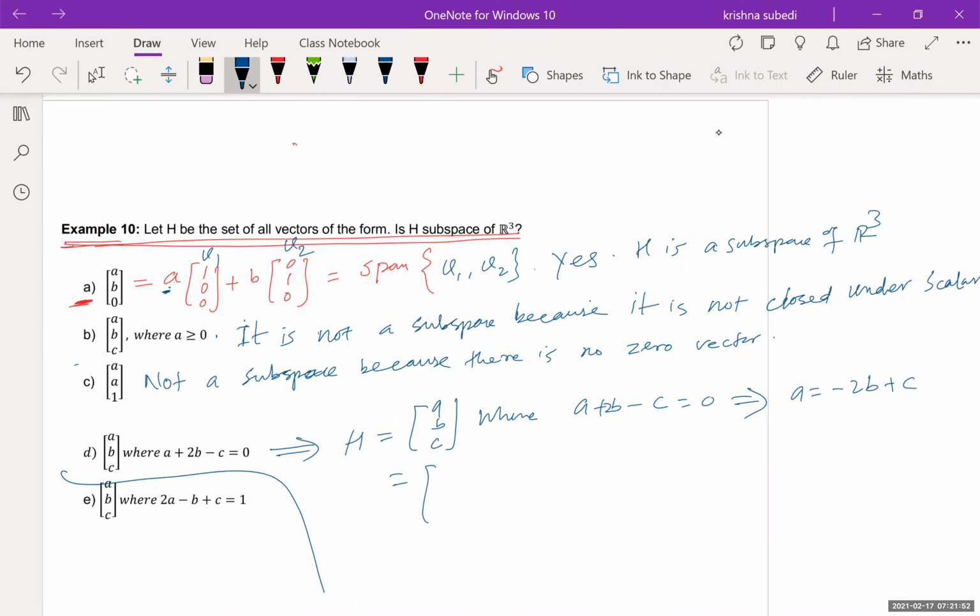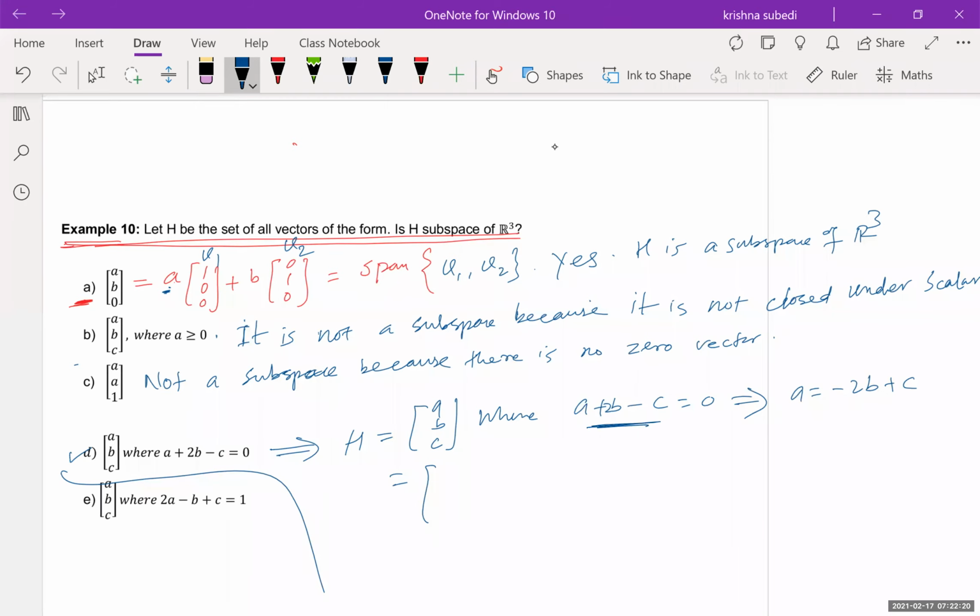For this part D, you can check that it satisfies all of those three conditions or that it violates one of the three conditions. But the easier method would be using theorem 1. So the easiest way is to write a as negative 2b plus c.